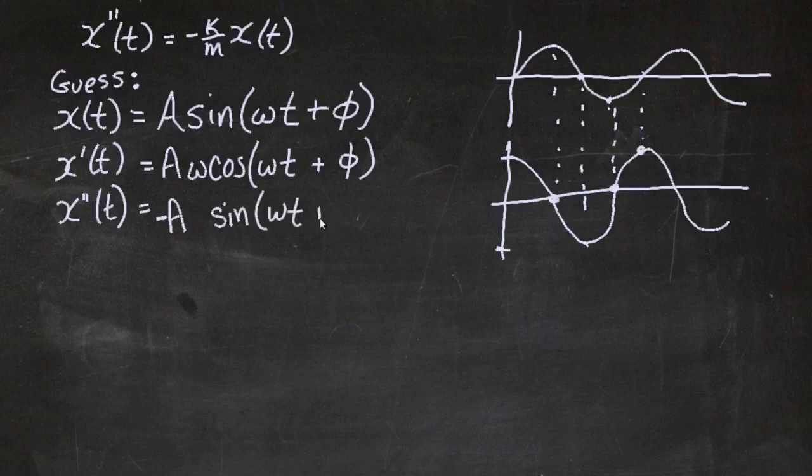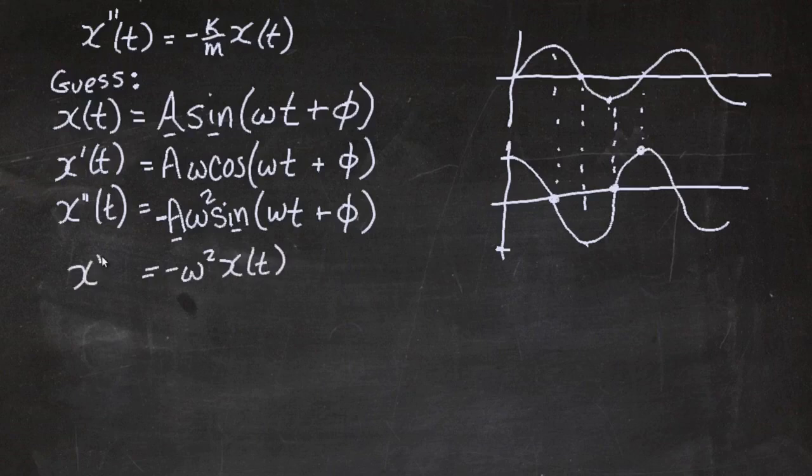The arguments of the trig function are still omega t plus phi, and I still have omega out here, but I got a second omega from my second derivative, applying the chain rule again. But notice I have an A, I have a sine, and all of this is the same. So the only things that are different are that I have a negative sign and an omega squared that I didn't have for x of t. So x prime prime is minus omega squared x of t.